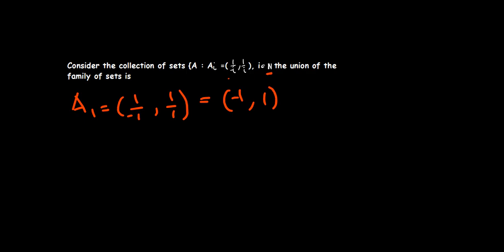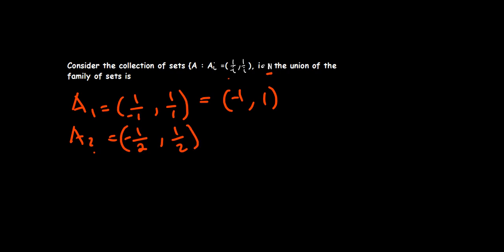So this is the first one we get. Then for the second one, we replace i with 2, so we get negative half, comma, 1 over 2.